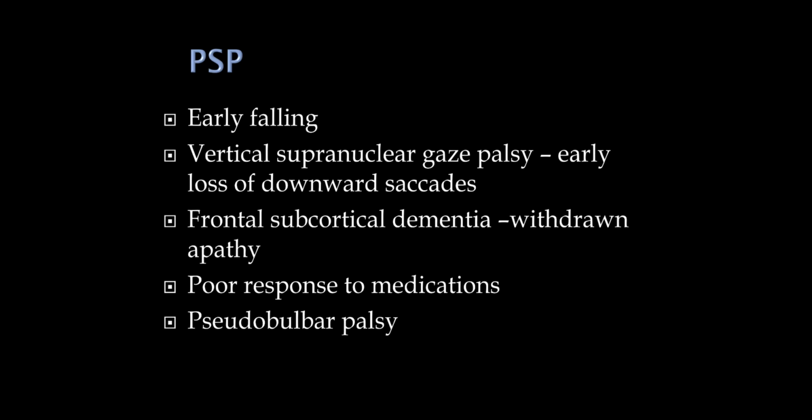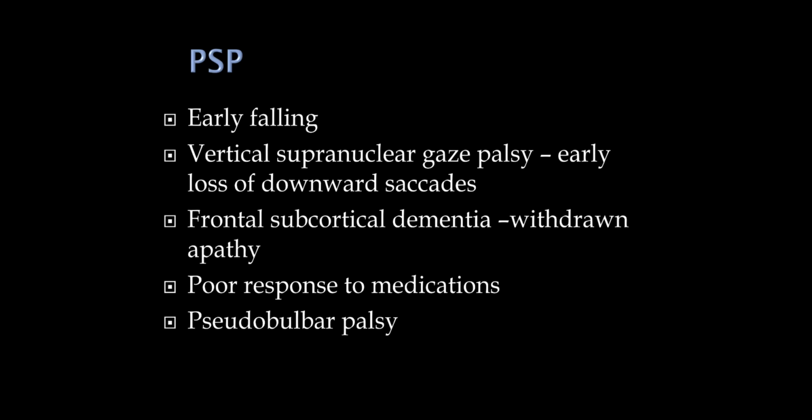So early falling would suggest PSP, and these patients have a very classic eye movement problem. It's initially with downward saccadic eye movements. Remember, a saccade is a quick eye movement. Over time it gets worse and worse, with a really great inability to look up and down. It can eventually affect side-to-side movements, but it's mainly vertical gaze.